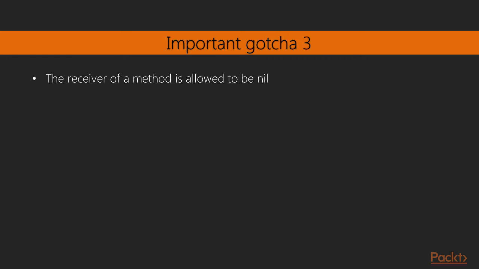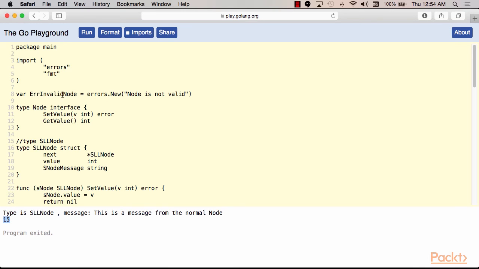A third important gotcha is that the receiver of a method can be nil without crashing the application, which is unlike other languages. Let's demonstrate that with an example. We'll handle the case if a receiver is nil and return an error to let the caller know it needs to initialize the receiver. So let's create an error called error invalid node, which is an error representation of the invalid node.